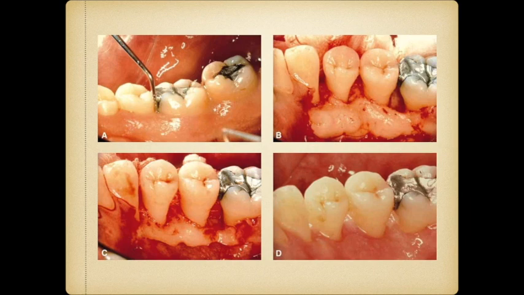Post surgically you can see the interproximal gap which is produced. The embrasure is open and the bone has been placed more apical to its previous position, and the pocket is completely eliminated.